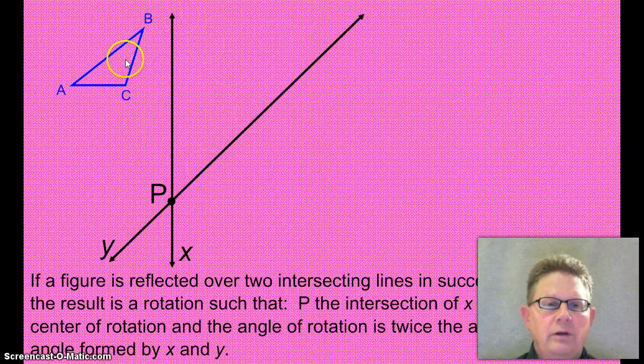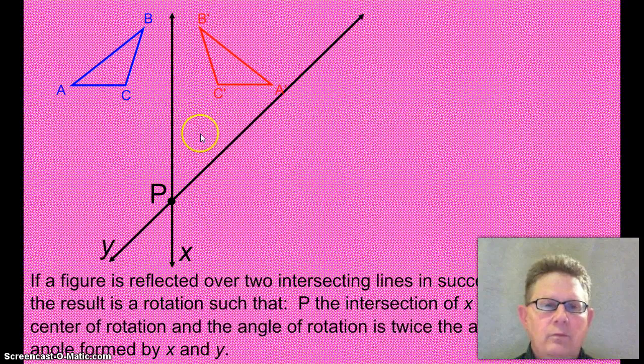So first we're going to reflect over this vertical line here. And when we do that, we get A prime, B prime, C prime.